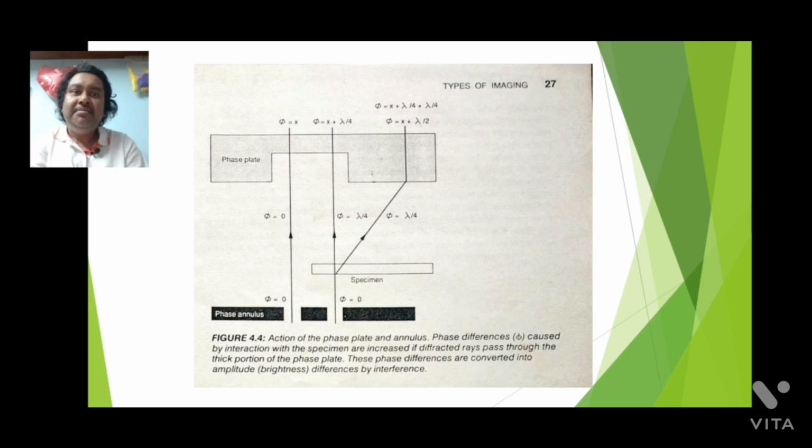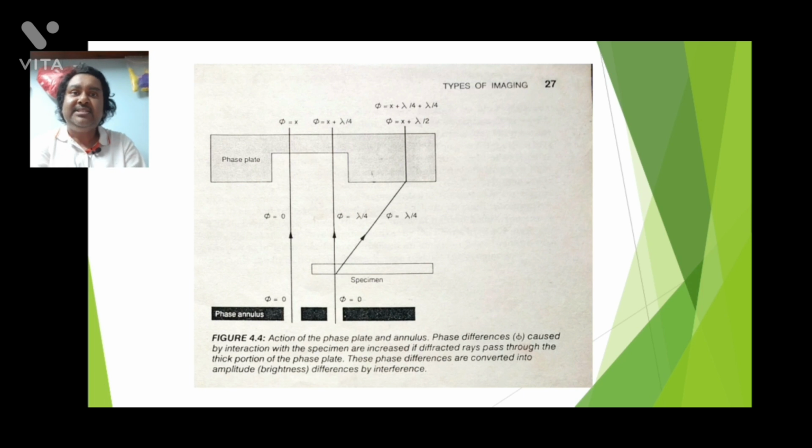So there is another additional phase change of lambda by 4. The final phase shift will be lambda by 4 plus lambda by 4, that is lambda by 2.